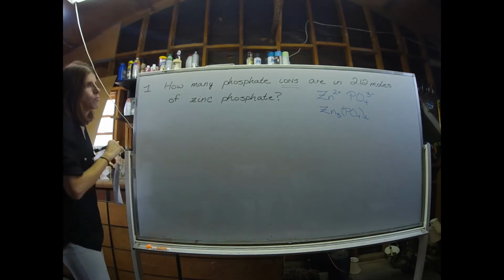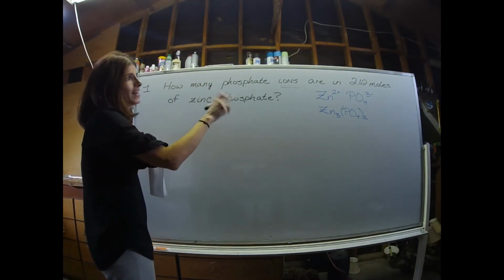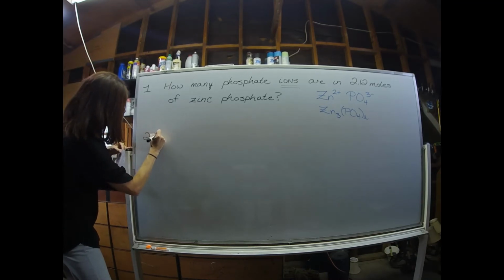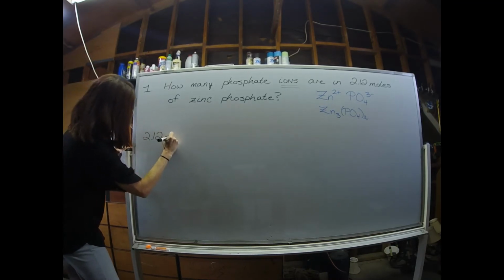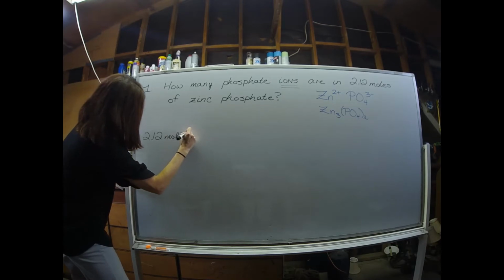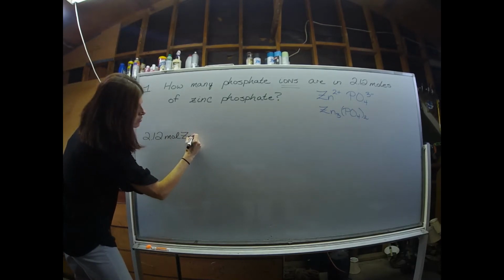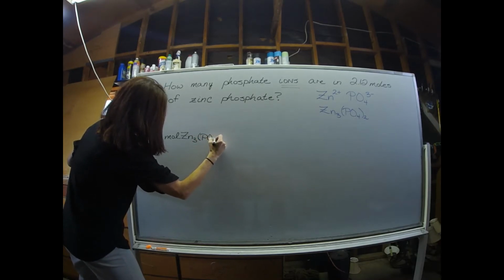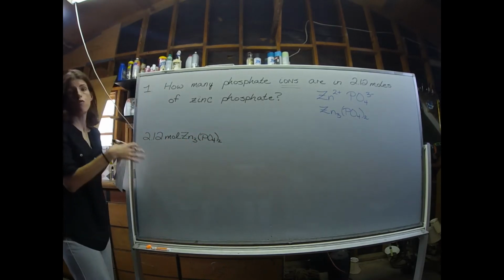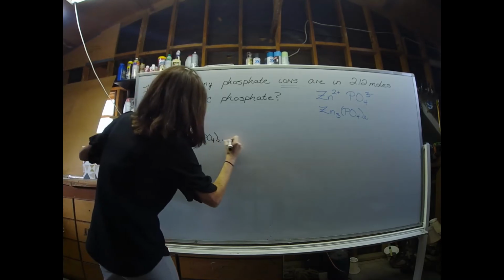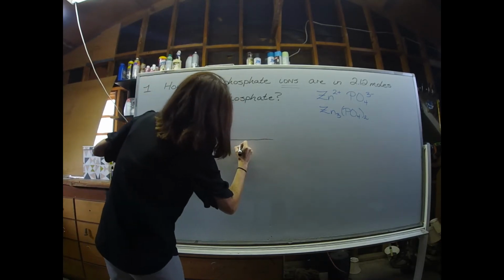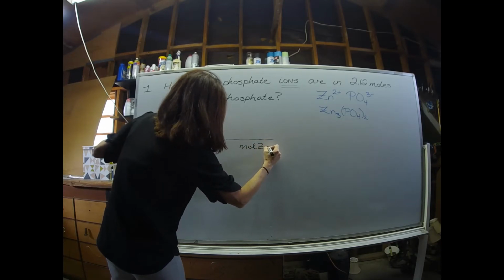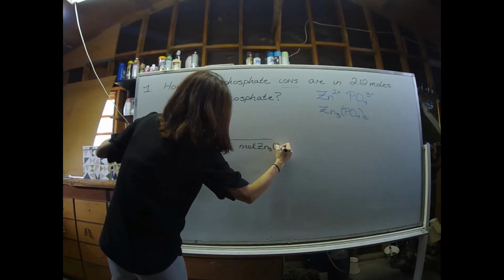Just like the other problems, I'm going to start with what they gave us. So 2.12 moles and then zinc phosphate. I know I'm going to have to get rid of the moles of zinc phosphate. So in my conversion factor, I'm going to put it in the denominator.